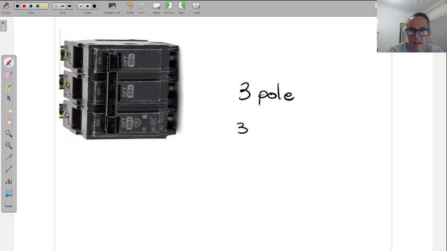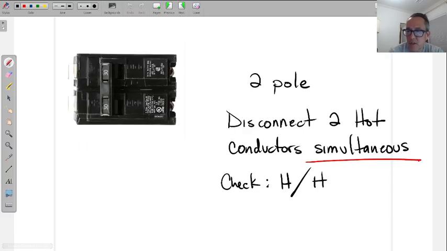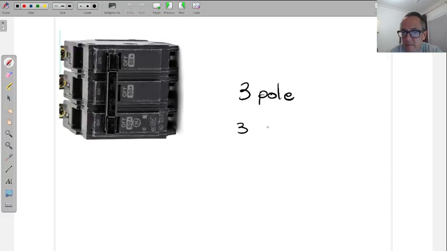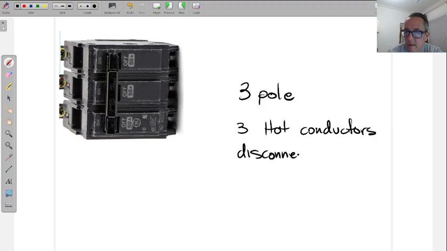Just like this one disconnects 2 hot conductors, this is going to be 3 hot conductors disconnected simultaneously.